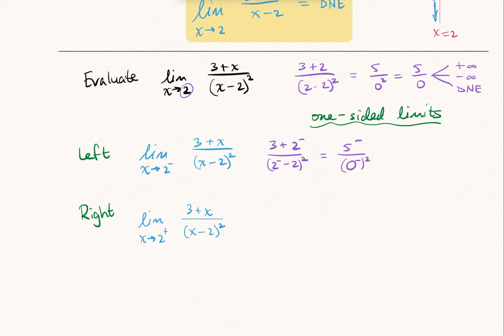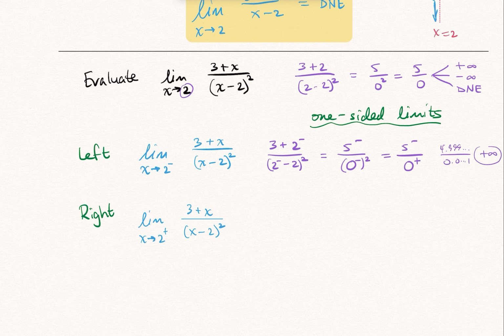And when we square negative 0, the negative will go away with the square, and we're left with 0 plus. And here we have a number that's sort of like 4.999 divided by 0.01, and that result is plus infinity.